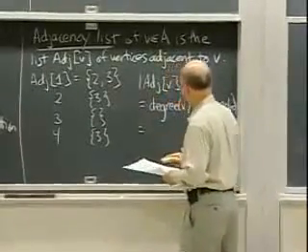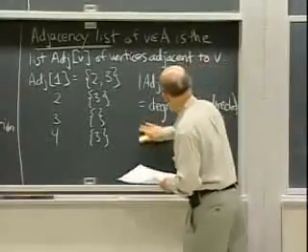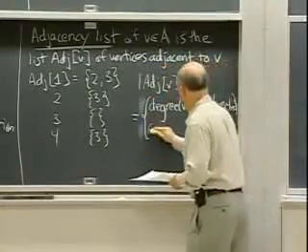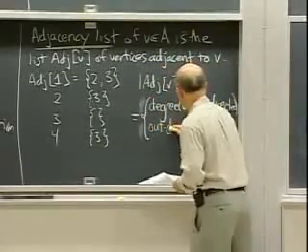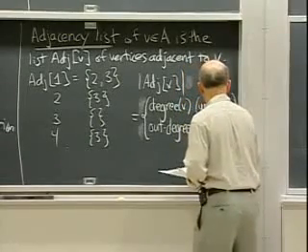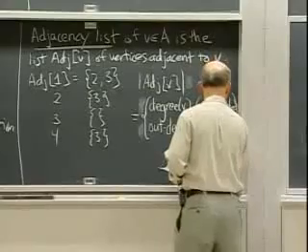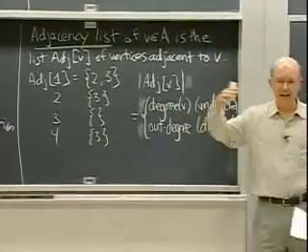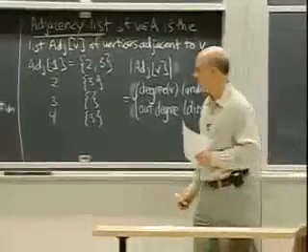In the directed case, actually I guess the way we should do this is say this. If it's a degree, we call it the out-degree for a digraph. So in a digraph we have an out-degree and an in-degree for each vertex.